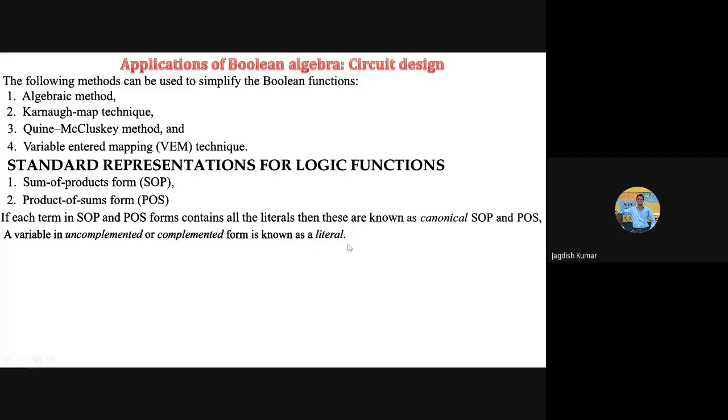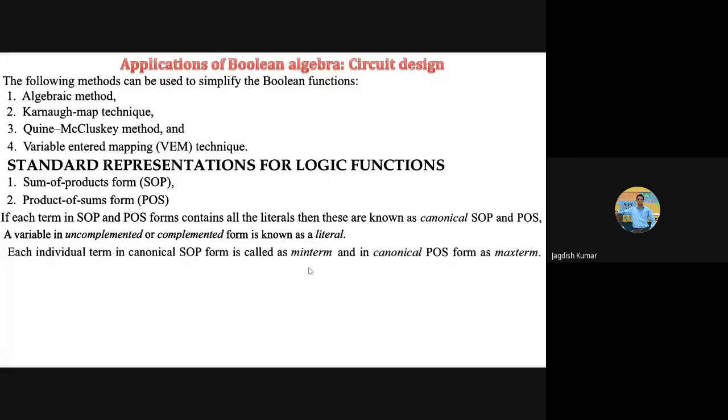I mean, what are the input options? A logical function is some Boolean expression having certain variables, right? A, B, C, X, Y, Z, whatever. So each variable, either in complemented form or uncomplemented form, is known as a literal.